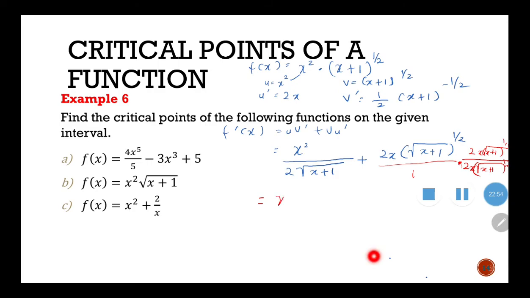So then you will have x squared plus 4x plus 4 over the denominator.